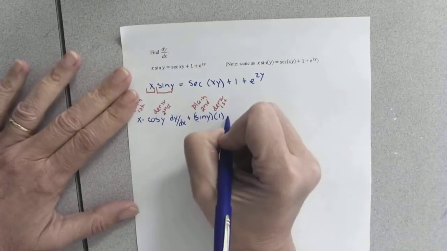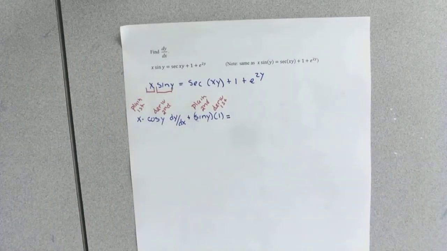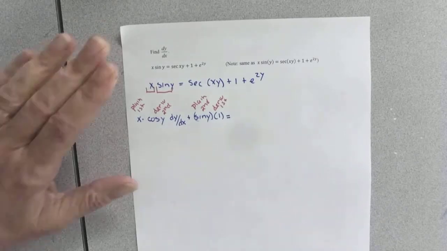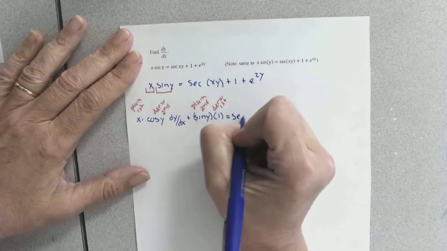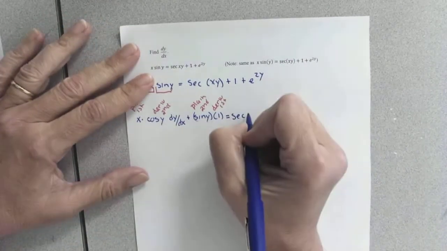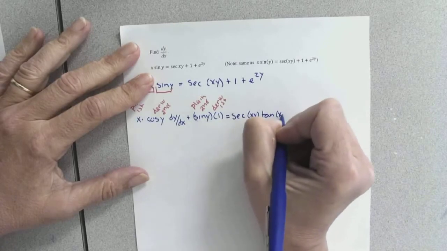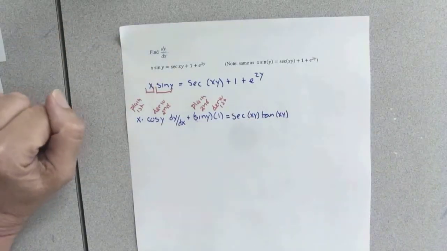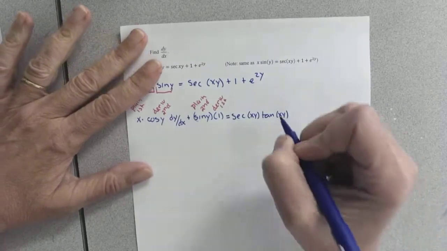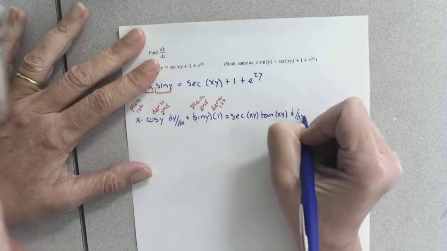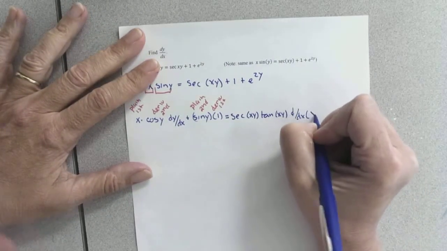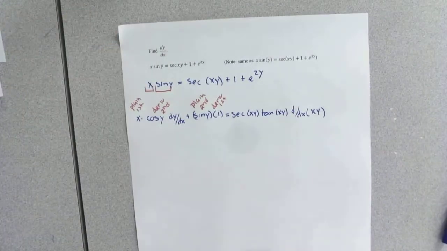So coming up to the next guy, secant of xy. It needs a chain rule. So doing the chain rule, starting on the outside, derivative of secant is secant tangent. So secant xy, tangent xy. So I did the derivative of the outside, then the rest of the chain rule says times the derivative of the inside.